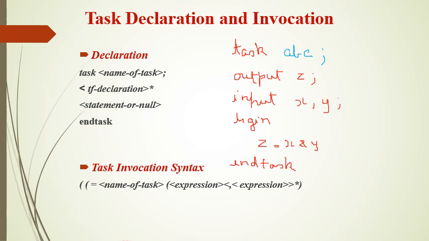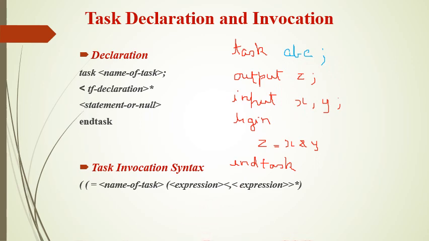And in the task invocation, you just mention the name of the task followed by the expressions. So this task declaration has one output and two inputs. In the same way, in the main program, this task is to be invoked.